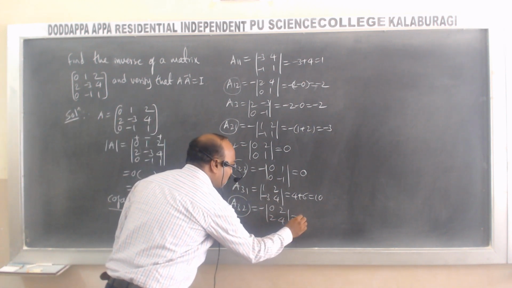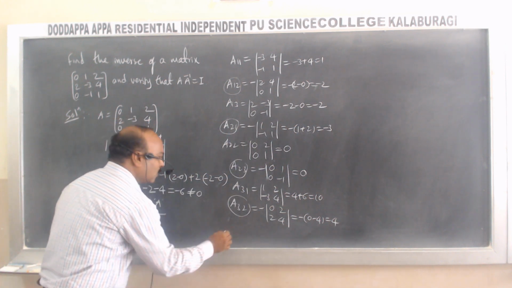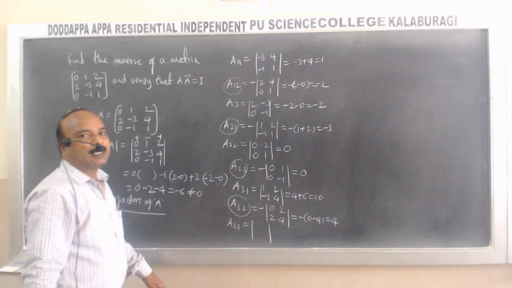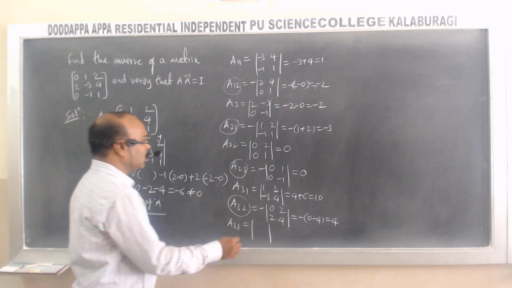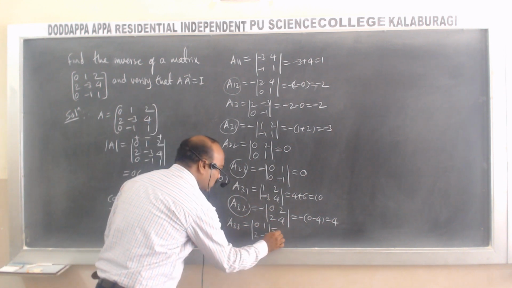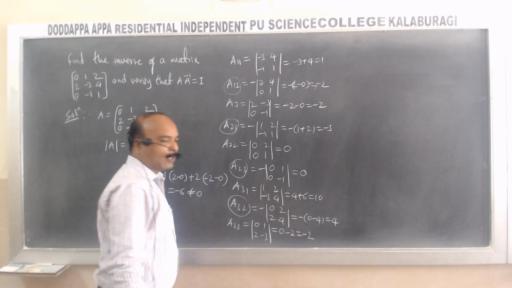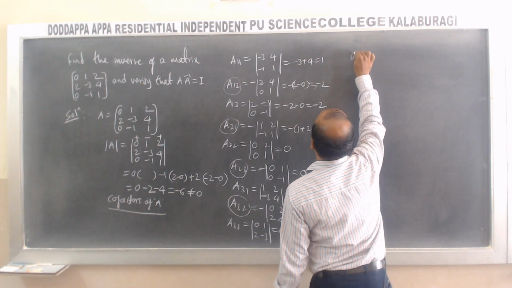So we get minus of 0 minus 4, it is equal to 4. Next element A33, the determinant of, deleting this column and this row, 0, 1, 2, minus 3. Now it is 0 minus 2, the answer is minus 2.